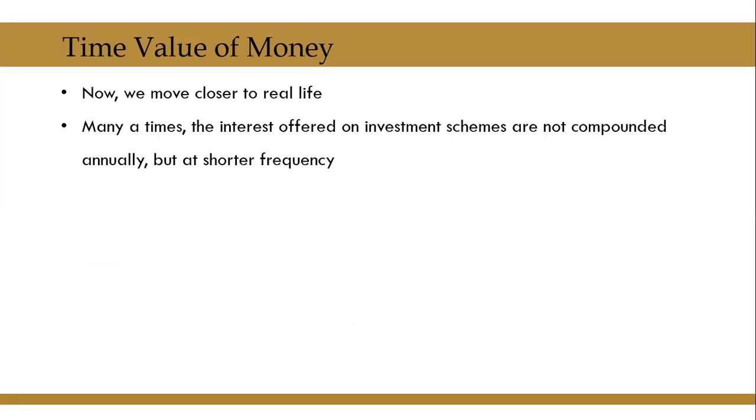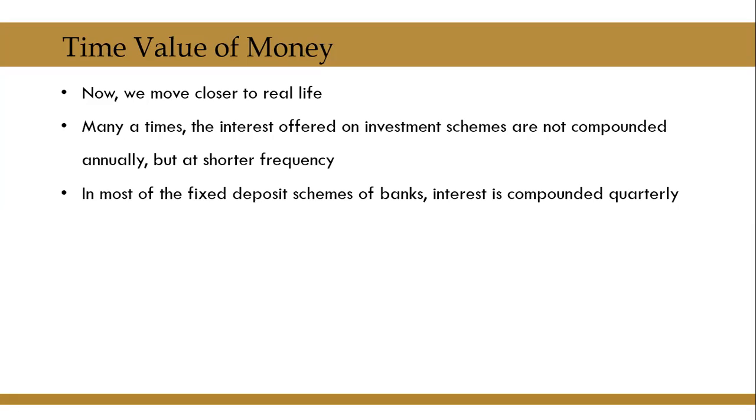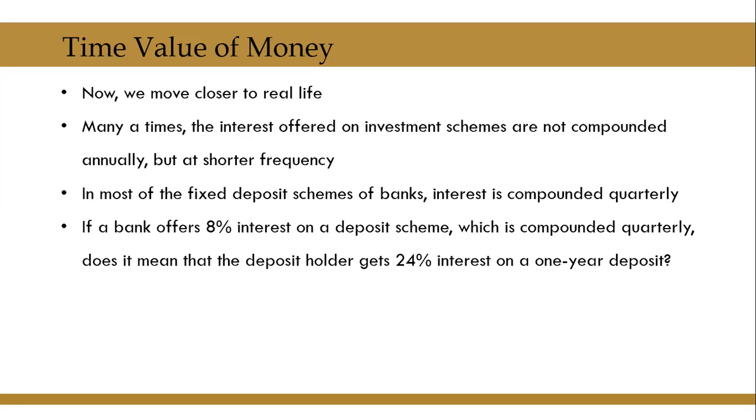Many a times, the interest offered on investment schemes are not compounded annually, but at shorter intervals. In most of the fixed deposit schemes of banks, interest is compounded quarterly. That means if a bank offers 8% interest on a deposit scheme, which is compounded quarterly, what does it mean?